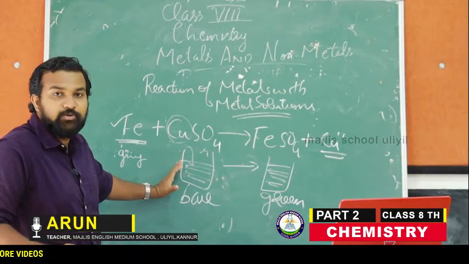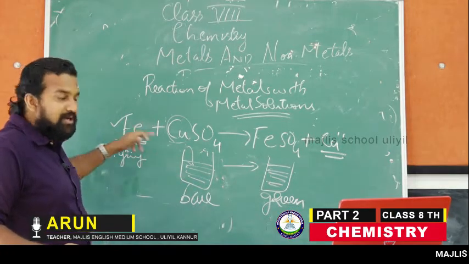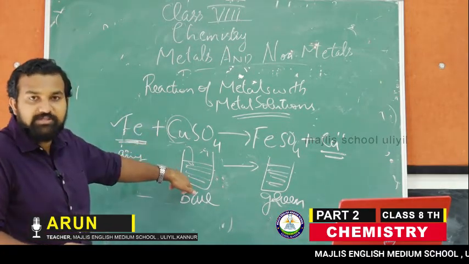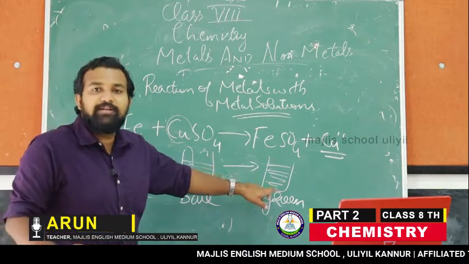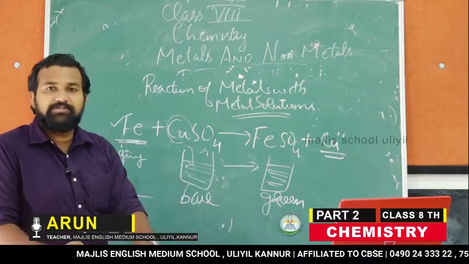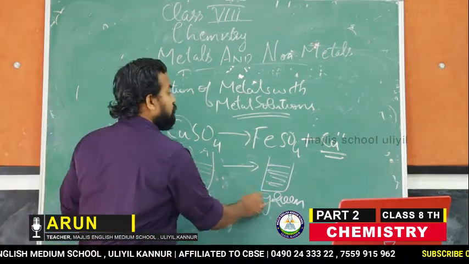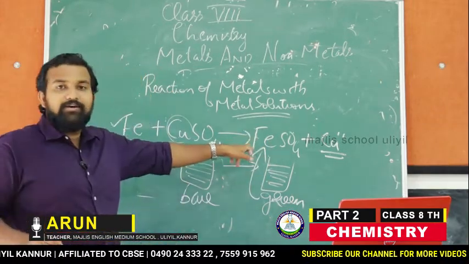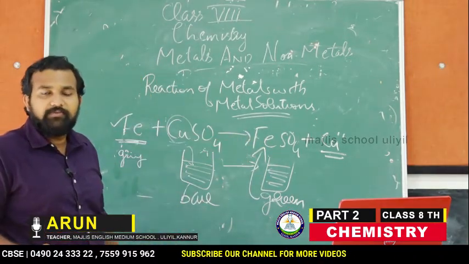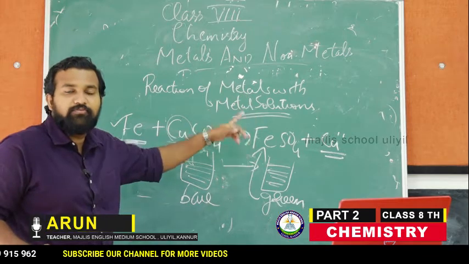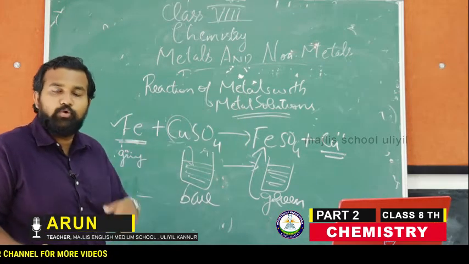The blue colored solution, after the immersion of this iron metal, the blue color fades and the green color appears. So this green colored solution is characterized by the presence of iron sulfate. Ferrous sulfate solution is green in color, we know it.